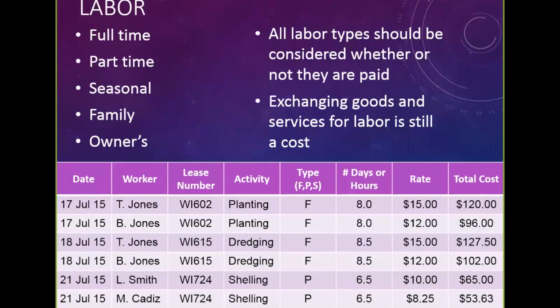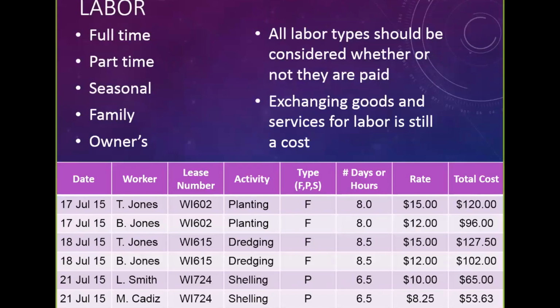And then labor. You might have full-time labor, part-time labor, seasonal labor, family labor, your own labor. Don't forget to pay yourself. So all types of labor should be considered, whether they are paid or not. And that's because if you have to go out and hire somebody, it's going to be a cost.